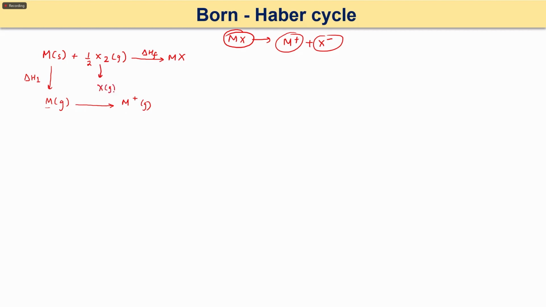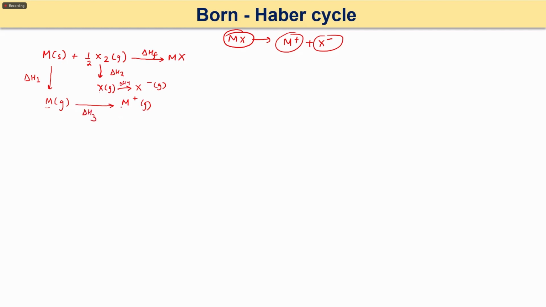Okay, then after that, let us say enthalpy change in this case is delta H2. After that, what will occur? From this gas form it will go to its anionic form. Let us say enthalpy change in this case is delta H4. Okay? Delta H4. In the metal ionization case, it is delta H3.